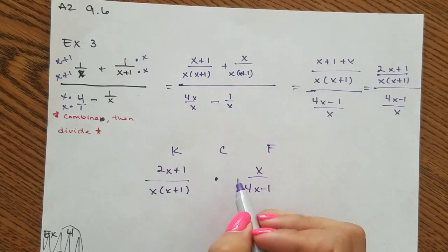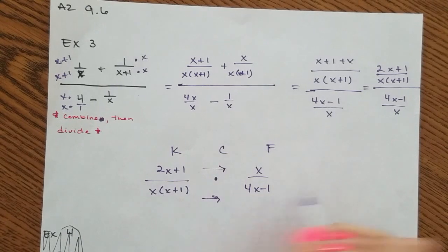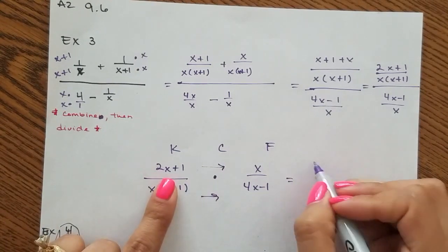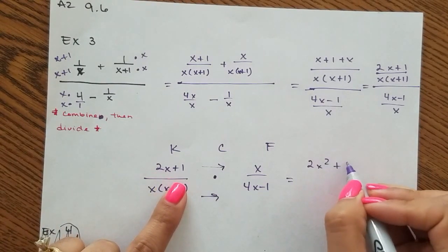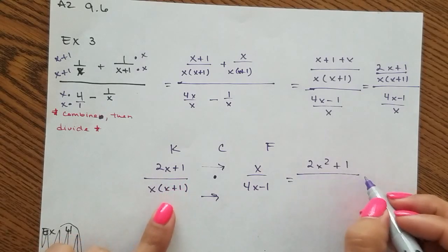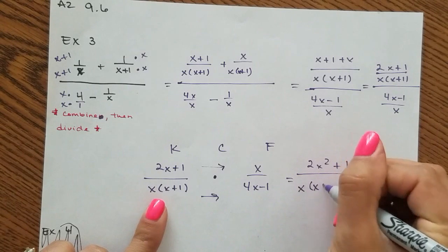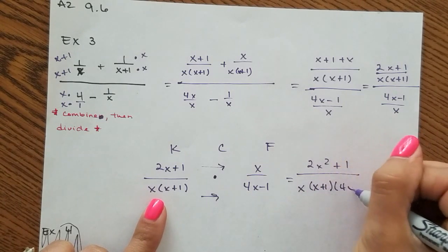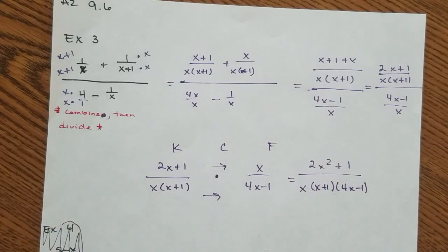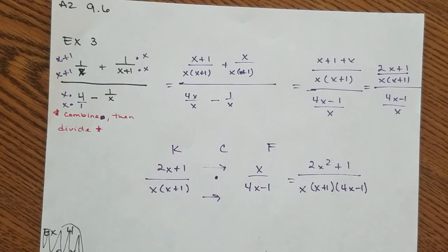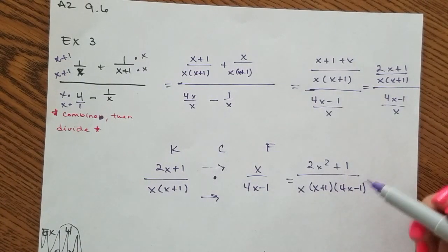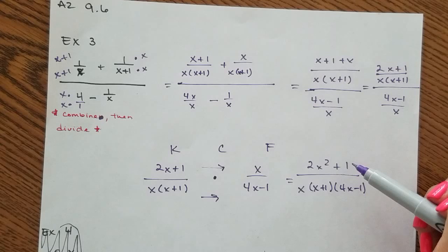Okay, so then when we multiply, we multiply straight across. I have 2x squared plus x over, I'm going to leave this in factored form, x plus 1, 4x minus 1. And that's it. Nothing's going to cancel out here. I can't factor this.